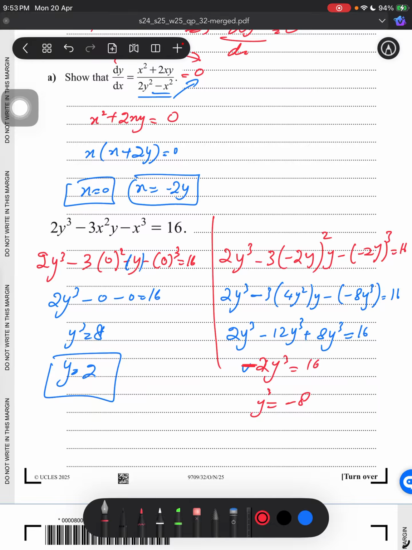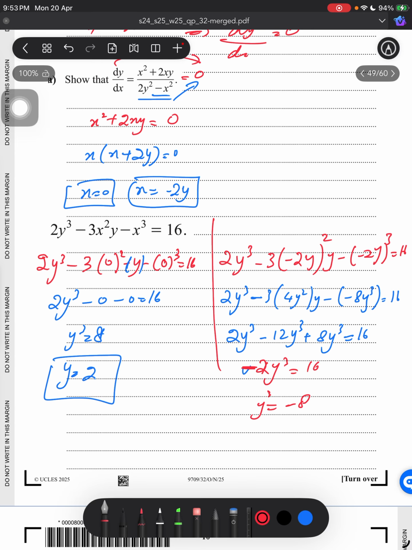Which values should we take? So we need to take two values. One value for x if we have y is this, minus 2 times 2, we'll get x is -4.